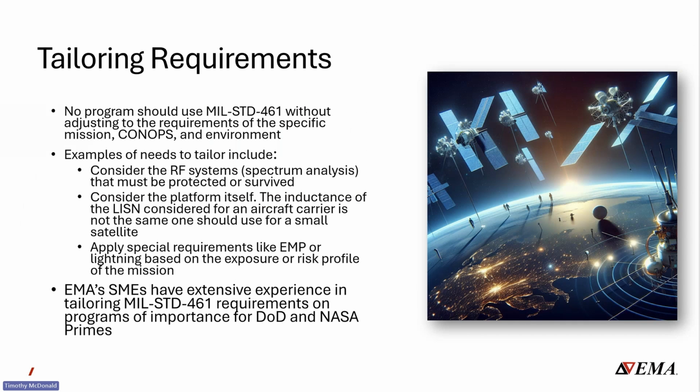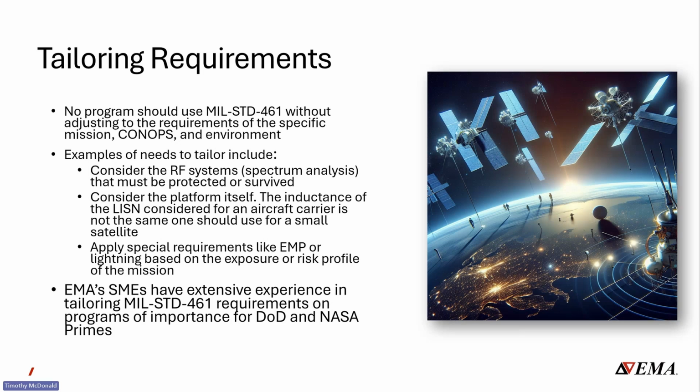Examples of tailoring might be spectrum analysis. We can look at what the intended RF systems are in the platform and put the correct notches in to account for that. As I mentioned before, the inductance of the LISN should consider whether you're on an aircraft carrier or something small, as well as if you have special requirements like EMP or lightning.